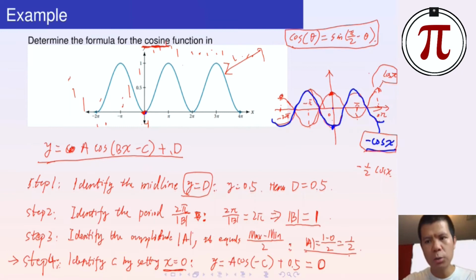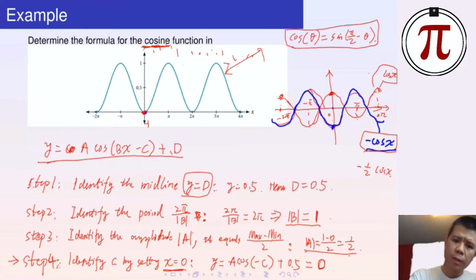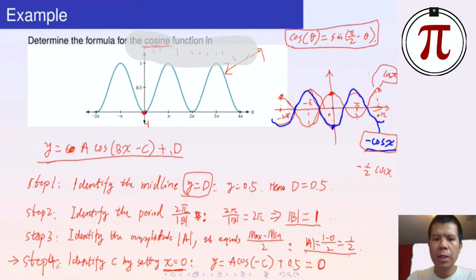Consider this graph. We want to determine the formula for the cosine function in this graph. How can we do this? Since we're trying to determine the cosine function, everything else will be the same.